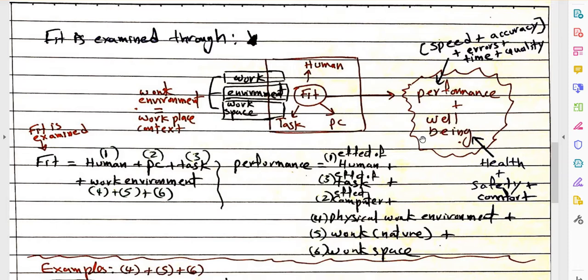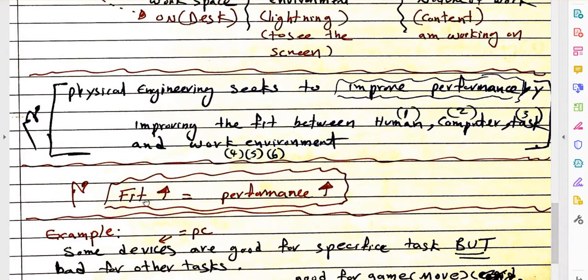Performance and well-being are achieved if there is a physical fit between human, PC, and task, and the work environment. The work environment has three elements: the nature of the work, the physical environment surrounding you when you conduct your work, and the workspace where you are. If the fit is high, performance and well-being will be high. So this is what we saw last time: fit goes up, performance goes up.